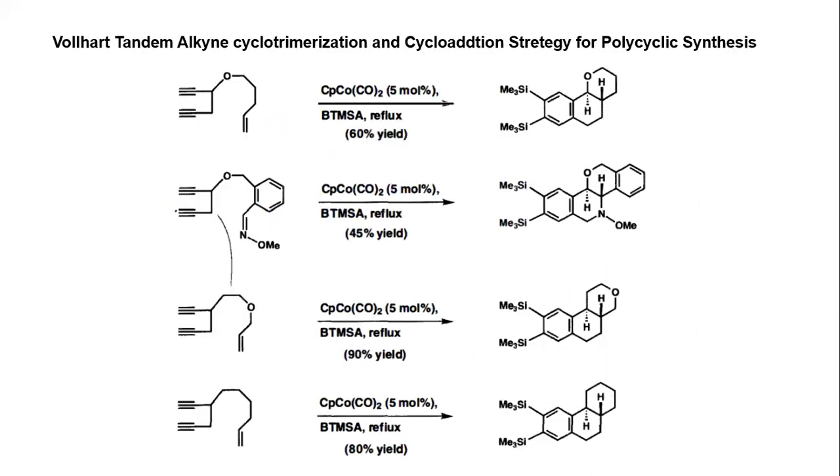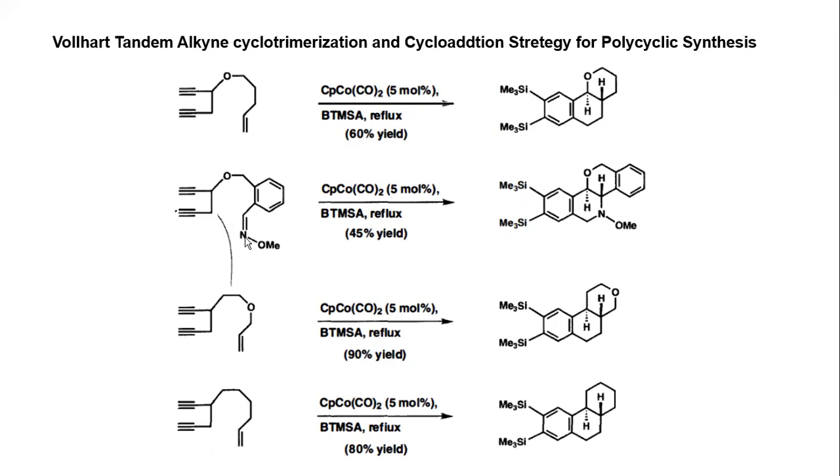So here are different other ring construction strategies from which you can synthesize different types of ring structures. If you connect the acetylene derivative with this type of chain ether linkage, after treatment with cyclopentadienyl cobalt dicarbonyl in the presence of bis-trimethylsilyl acetylene and reflux, you will get this type of product.